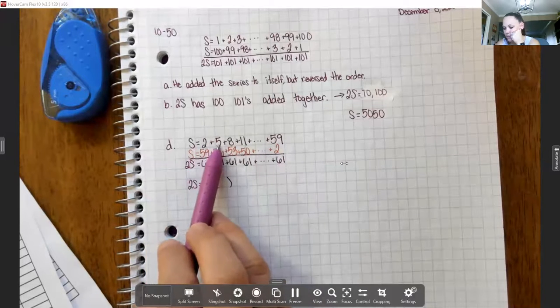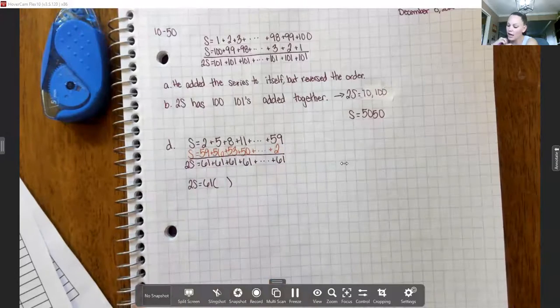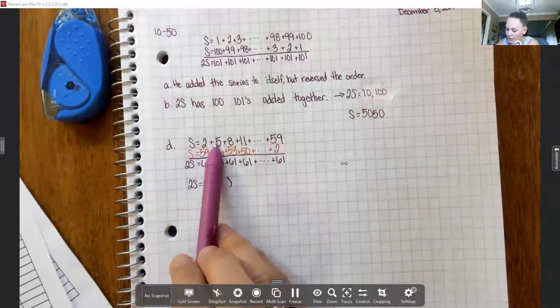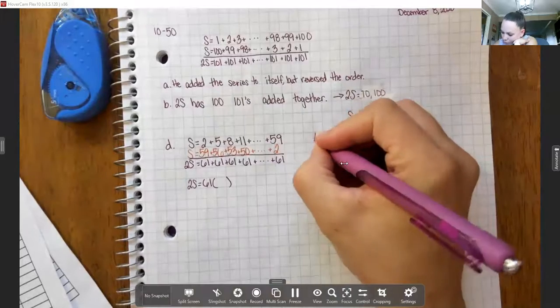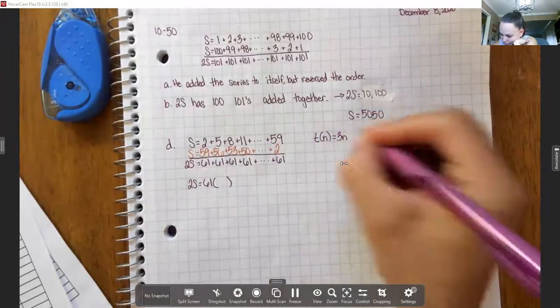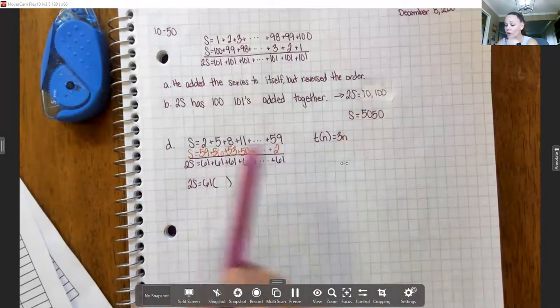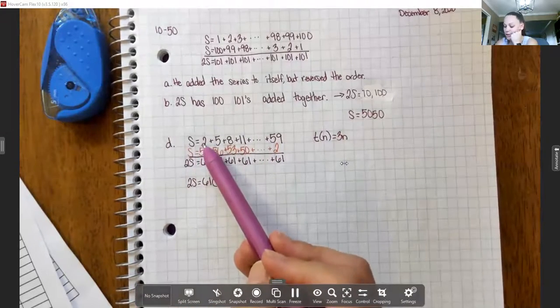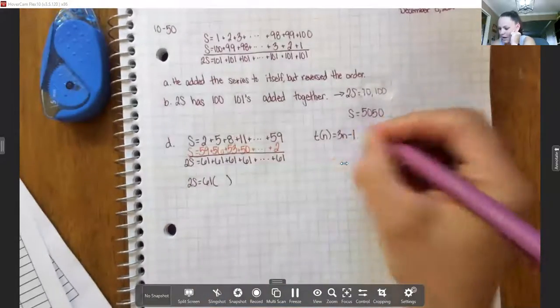2 is the first term, 5 is the second term, 8 is the third term. So for this series here, we want to figure out what the sequence generator is. We know it's T of n equals 3n. It's growing by 3. And then whatever the 0th term is. Remember, this is the first term. So if I work backwards, the 0th term would have been -1.